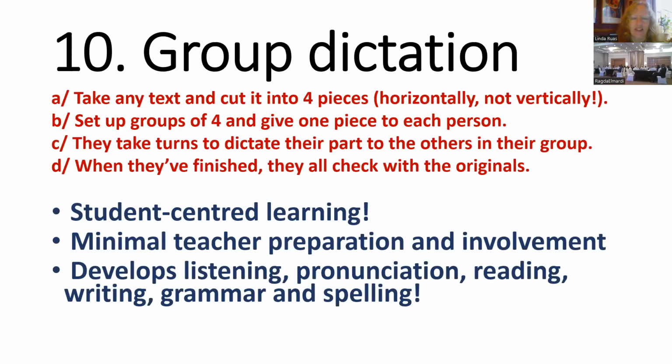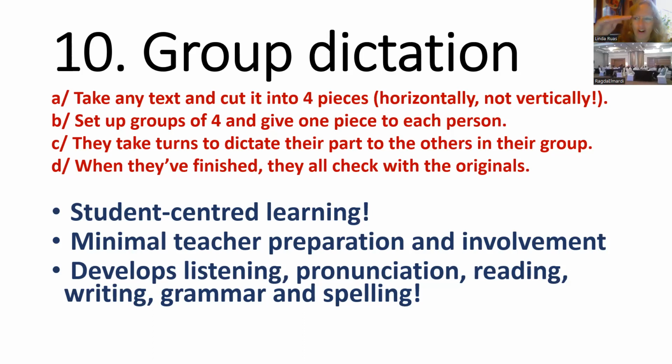Okay, the final one, number 10, a group dictation, we're not going to do because that would take too long, but please try it out in class. So this is a brilliant activity, and I do this very often in my classes in London. There are 4 instructions. The first, A, you need to take any text and cut it into 4 pieces.